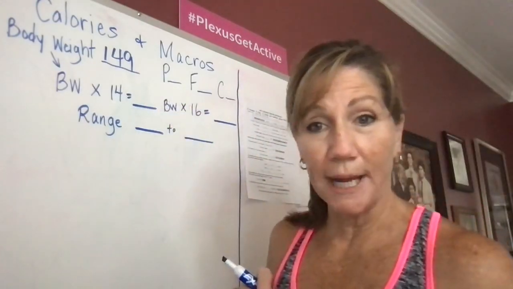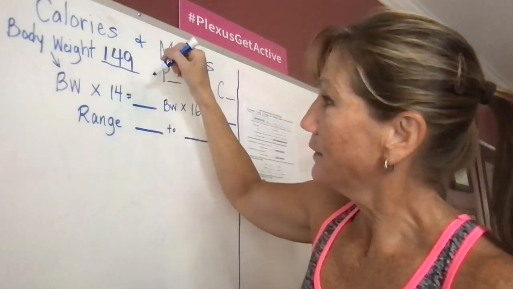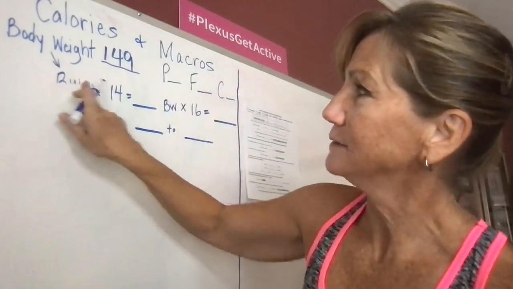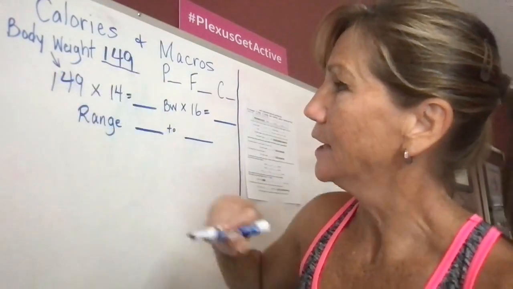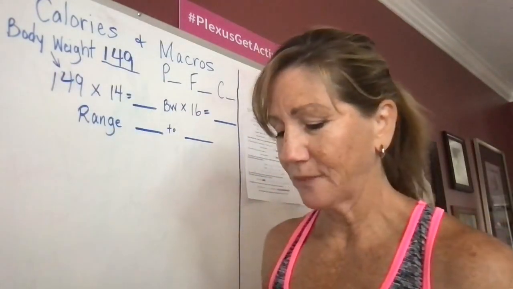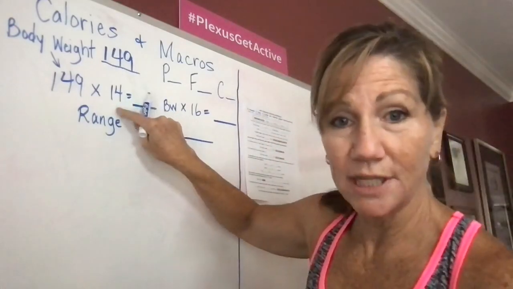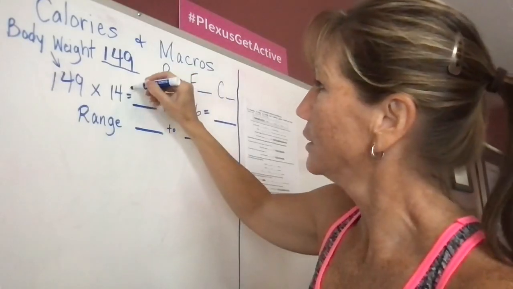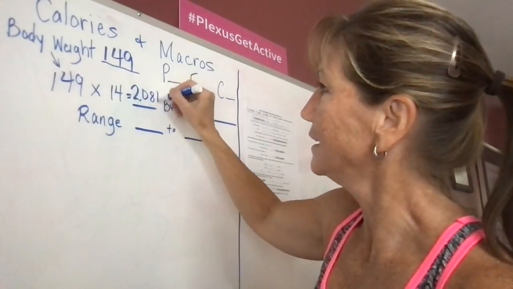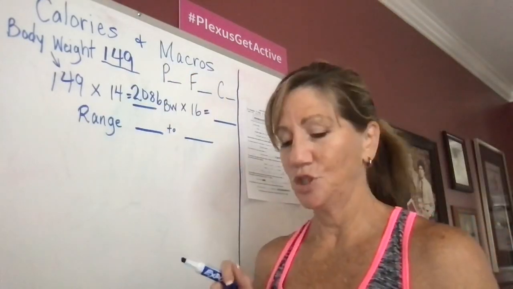You're first going to do your body weight times 14. My body weight is 149, so take the calculator and multiply times 14. Your number times 14, and mine comes out to 2,086.